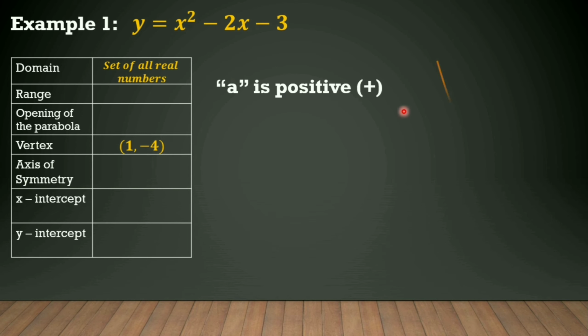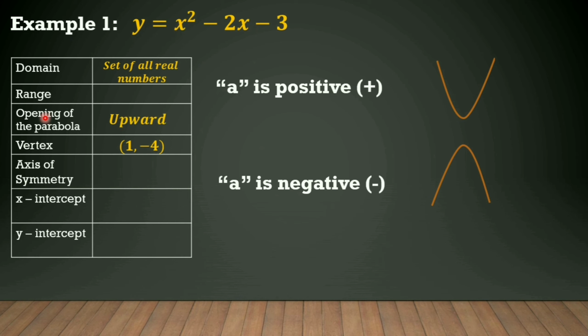If a is positive, the parabola opens upward. And if a is negative, the parabola opens downward. In this example, the value of a is positive 1. So therefore, the opening of the parabola is upward.